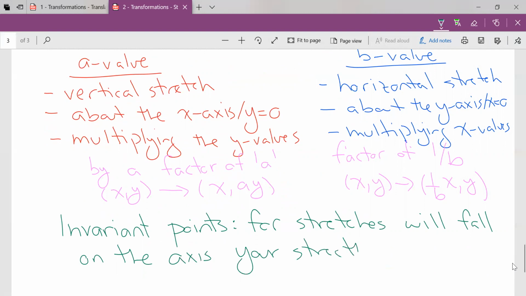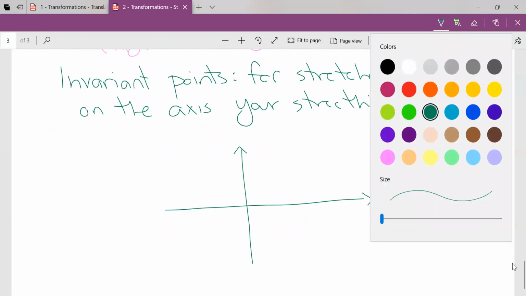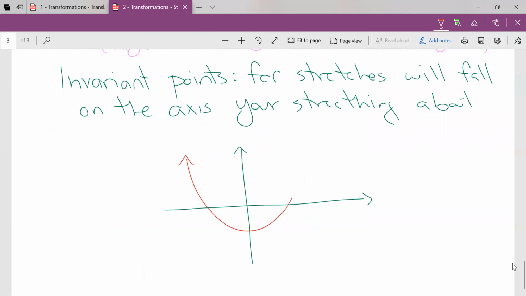The reason why is, if you're vertically stretching, so let's just draw a nice parabola like this. Like we saw earlier with the very first question we did, if I vertically stretch this thing, that means I'm multiplying the y values. Well, my x-intercepts have a y value of 0. So if I'm vertically stretching, those aren't going to change. So my invariant points for a vertical stretch are on the x-axis.